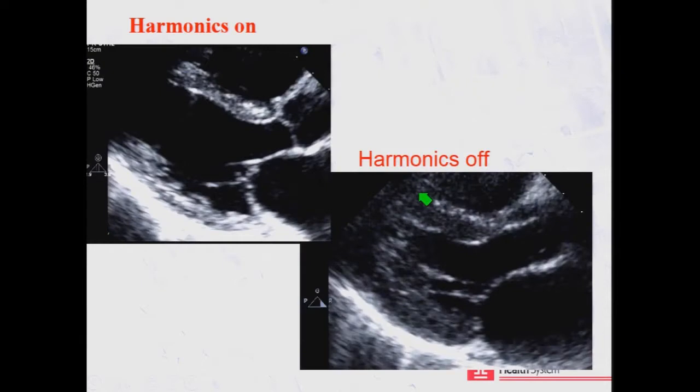Here's an example of a patient with harmonics on and harmonics off. In patients with mitral stenosis, this can be pretty significant, and one paper showed that harmonics added 4 millimeters to the thickness of the mitral valve compared to with harmonic imaging off. So that's a key point when you're trying to decide if a structure is normal or not.